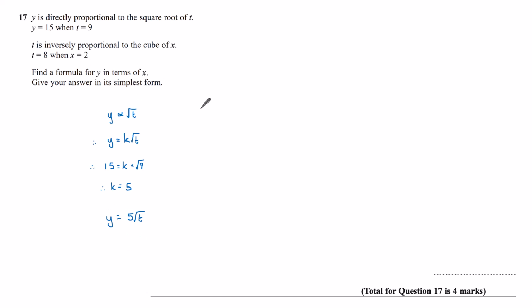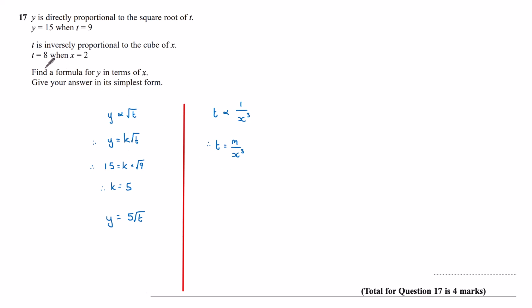Now let's look at t is inversely proportional to the cube of x. When we have inversely proportional, that means we have 1 over, and we're looking at the cube of x, and so that's x cubed. Again, the proportionality sign can be replaced with equals some constant. I've used m now because we've used k already.